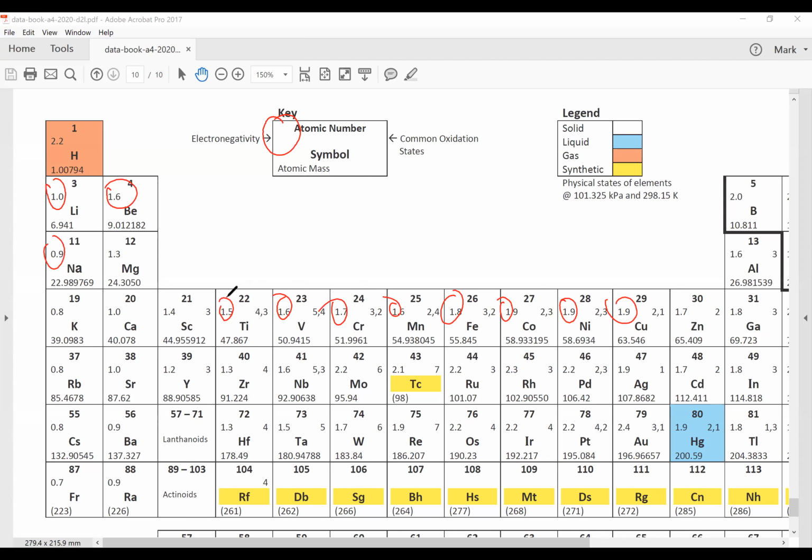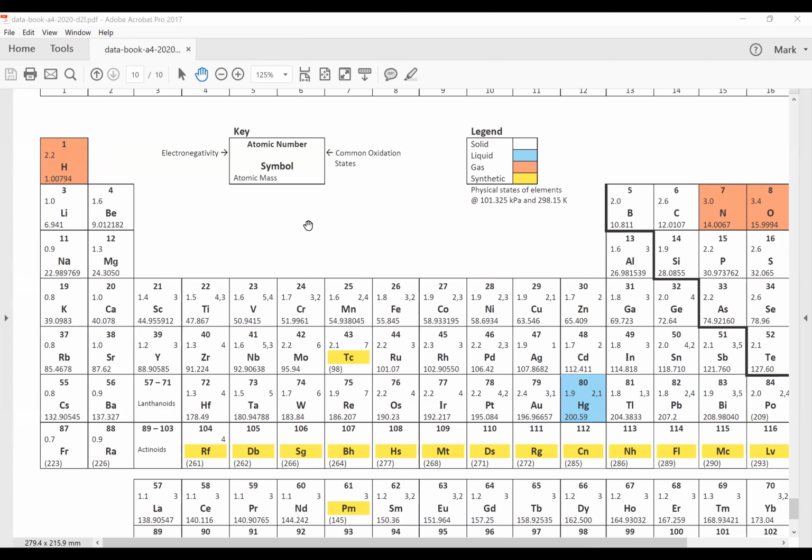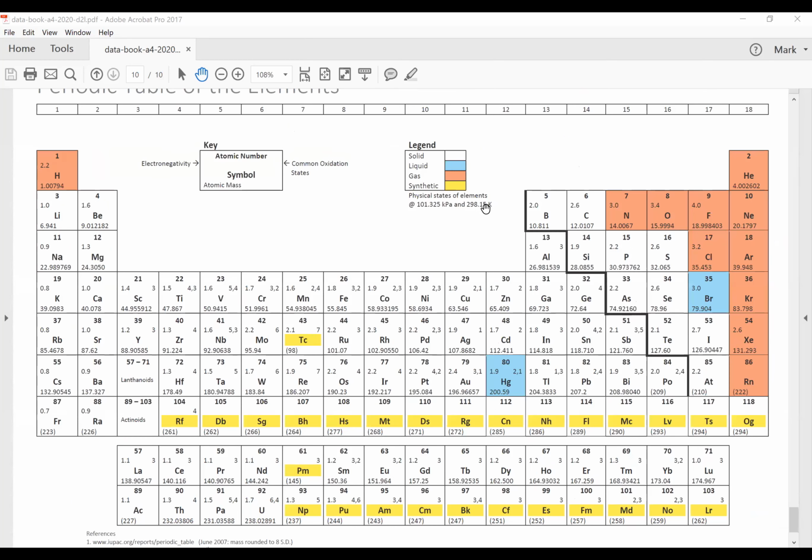They go from 0 to 4. And you'll notice, let me clear my drawings and let me zoom out a little bit, that electronegativities go from 0.7 up to 4, and I'm over on the right side of the screen now. 4 would be our largest number of electronegativity.